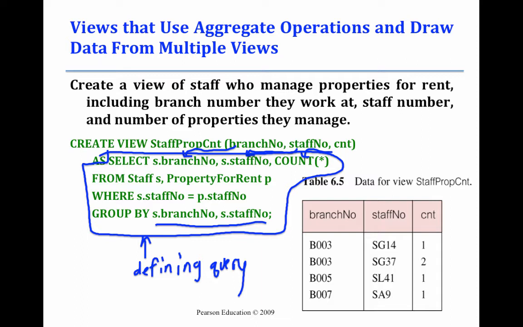So why do you think I decided to group by both branch number and staff number when I could have achieved the same aggregation, the same counts, by simply aggregating by staff number? What's my motivation here? There's a subtlety here that came up with this query. I could have achieved the same grouping only using a staff number because the staff don't work at more than one branch.